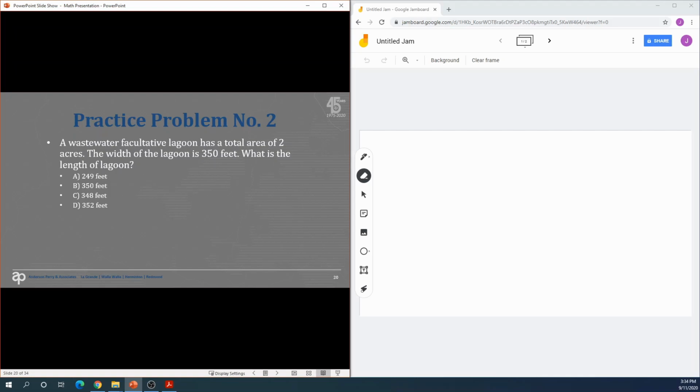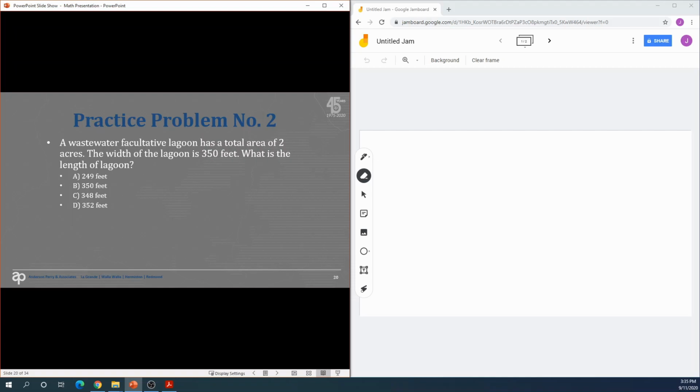Practice problem number 2. A wastewater facultative lagoon has a total area of 2 acres. The width of the lagoon is 350 feet. What is the length of the lagoon? So, what do we know? We know we have 2 acres, but our units aren't matching.